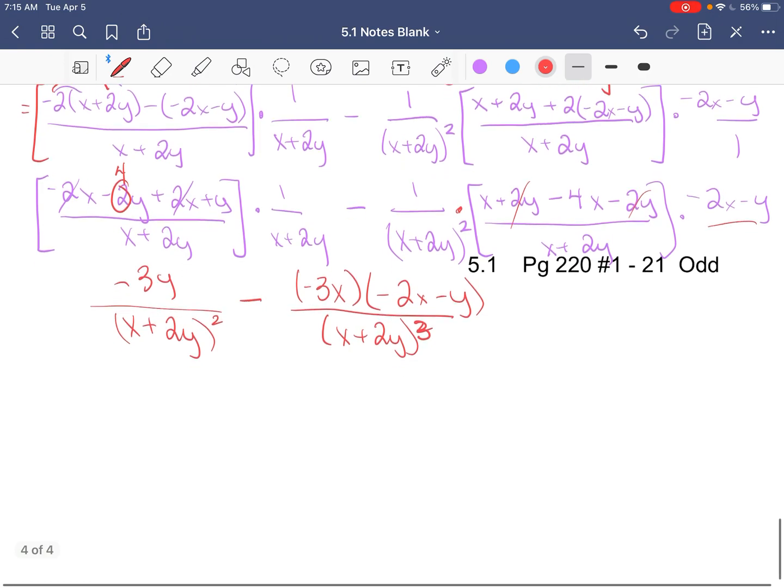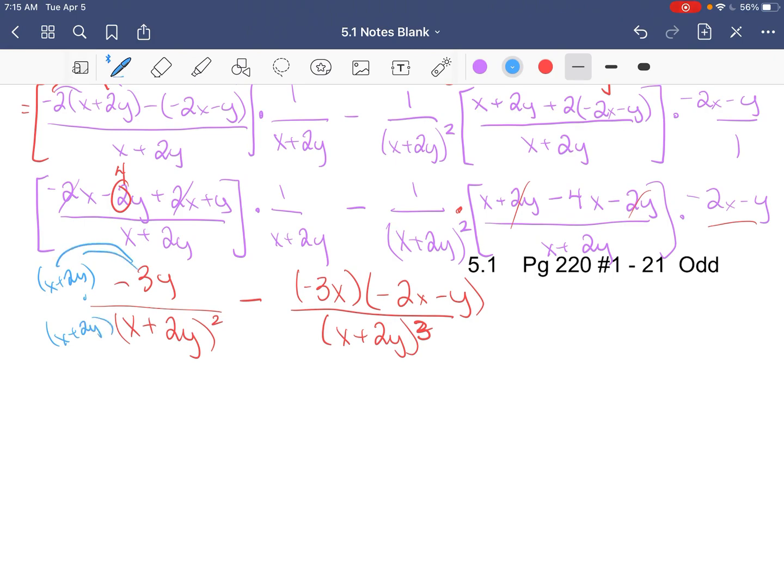All right, so simplifying, we need a common denominator, so we're going to multiply our left-hand side by x plus 2y over x plus 2y. So distributing our negative 3, we get negative 3xy minus 6y squared.